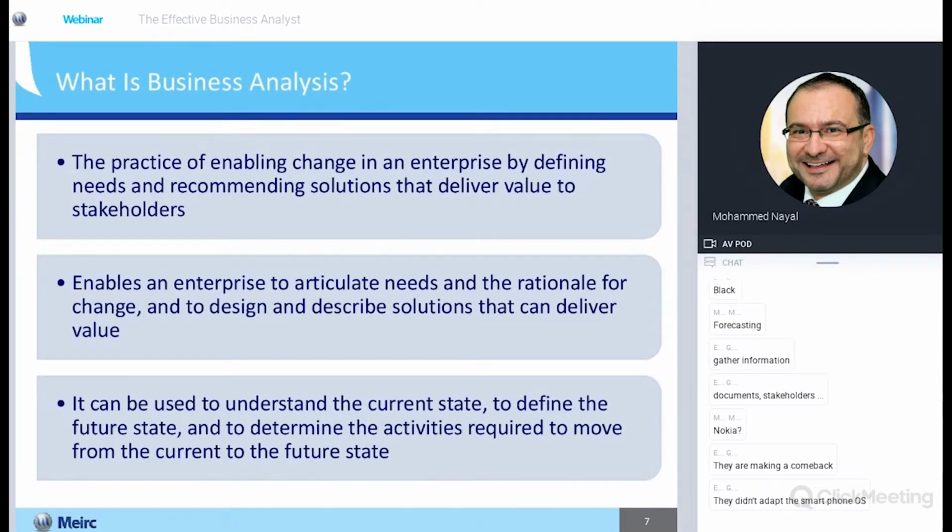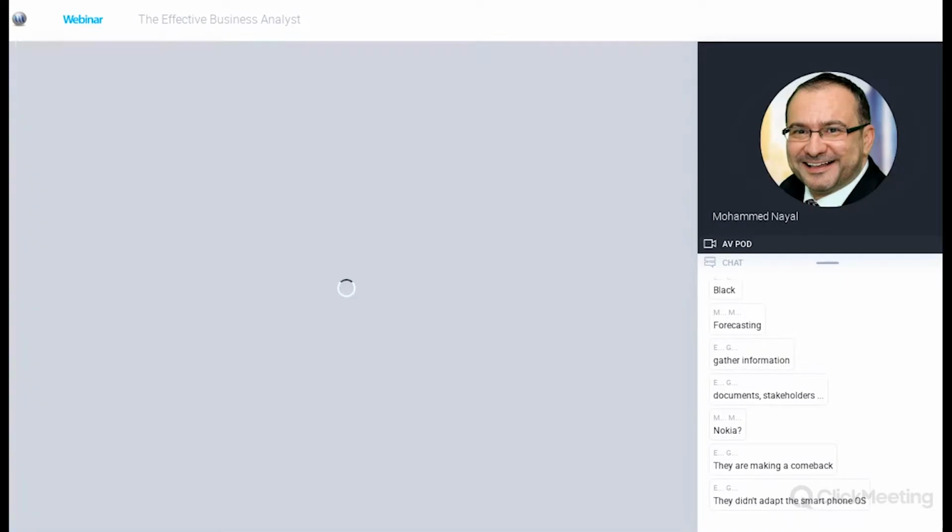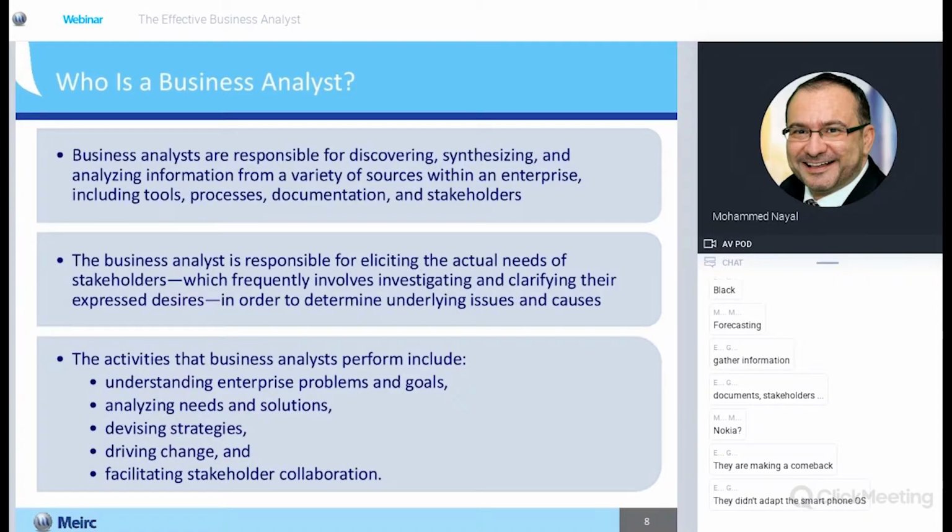So who is a business analyst then? Well, a business analyst is somebody who helps with change. They're responsible for discovering, synthesizing, and analyzing information, just of course, as you said, but they look at it from a variety of sources within the company, within an enterprise. So they have tools, they look at different processes, they look at documentation, they work with the stakeholders, they try to understand the stakeholders.